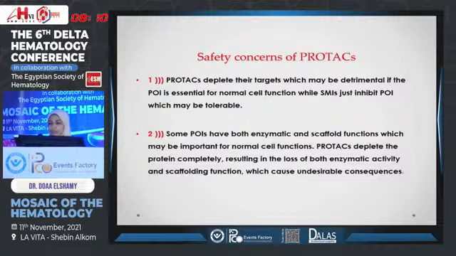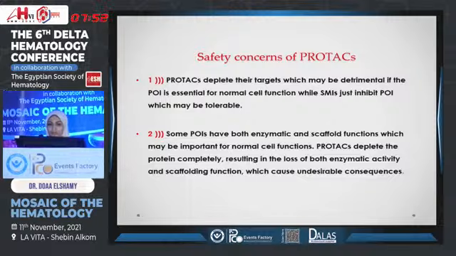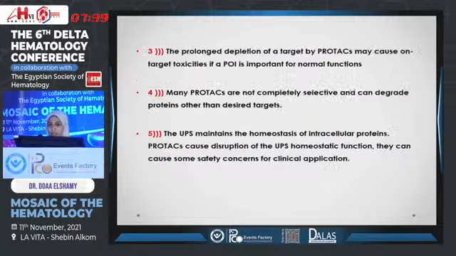So our safety concerns about the PROTACs are that they can deplete their target, which may be detrimental if the protein of interest is essential for normal cell function, while a small molecule inhibitor just inhibits the protein of interest, which may be tolerable. Second, some proteins of interest have both enzymatic and scaffold functions, which may be important for normal cell function, while a PROTAC can deplete both functions, which has undesirable consequences.